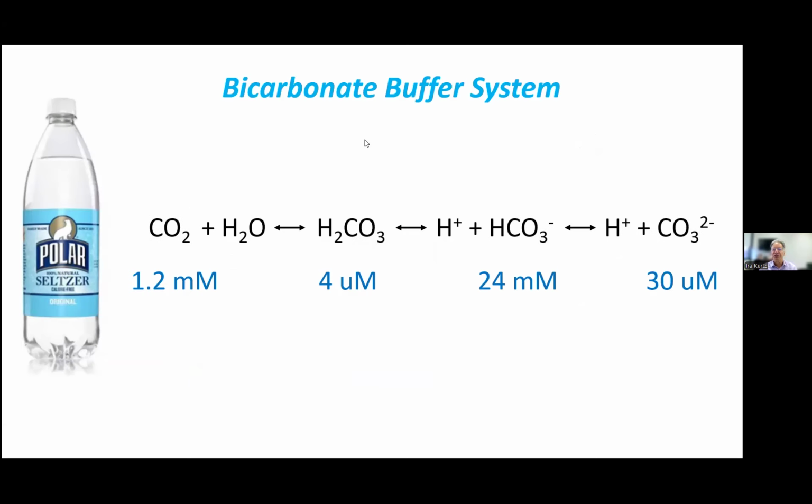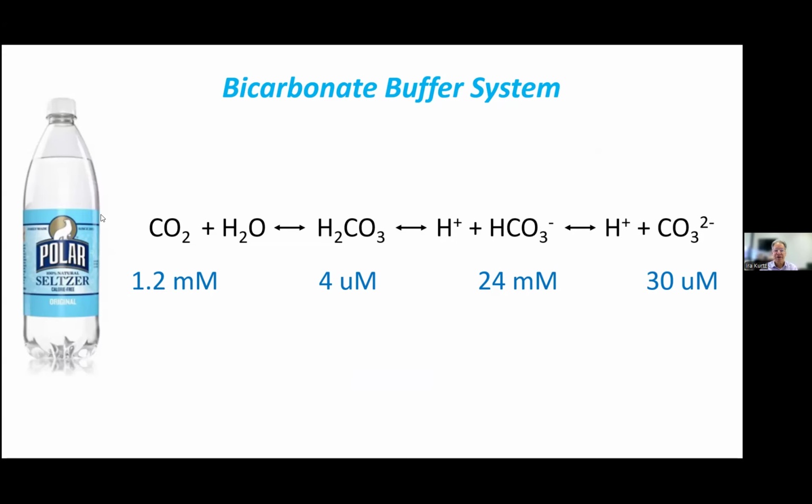The buffer system is called a system because there's more than one carbonated species and they're all at equilibrium with each other. At equilibrium means that they break down and form at rates that are equal, and so there's no change in the concentration. That's what equilibrium means.